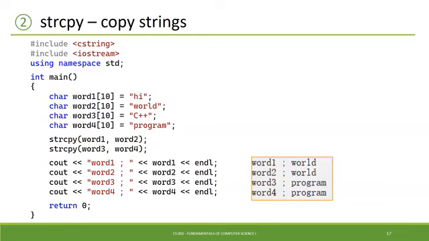Okay, and guys, be careful. Be careful when you use string copy. I will explain how it works and when you should be careful. Okay, so look at this one.